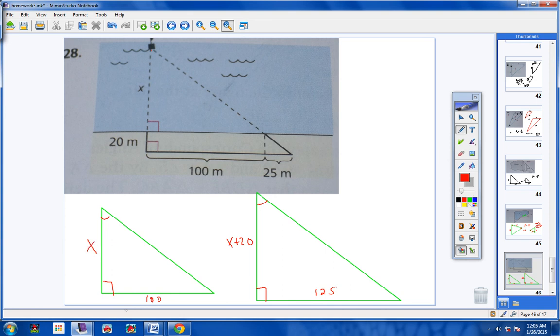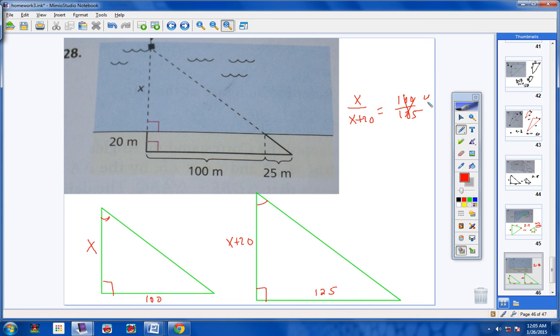So here we go. x over x plus 20, because x has 1 mark in the right angle, and x plus 20 has 1 mark in the right angle. 100 has the right angle, nothing else. Right angle, nothing else. So x over x plus 20 equals 100 over 125, okay? Now let's very quickly reduce this and make it a lot easier.